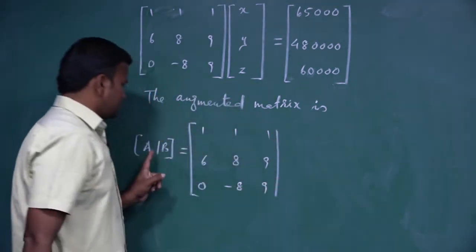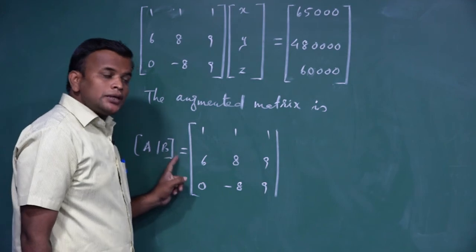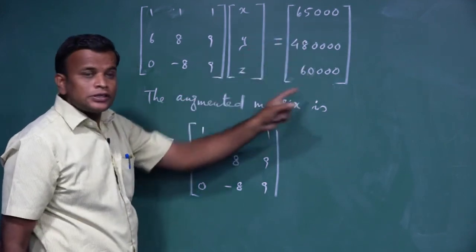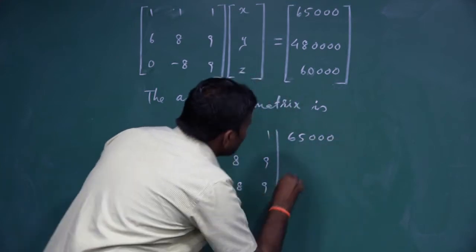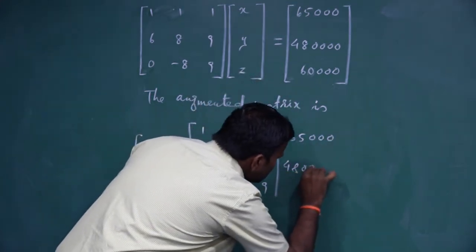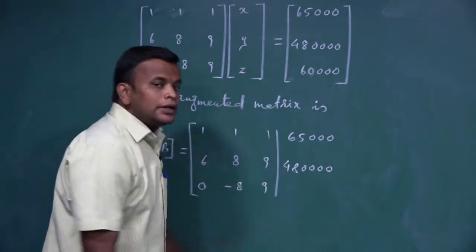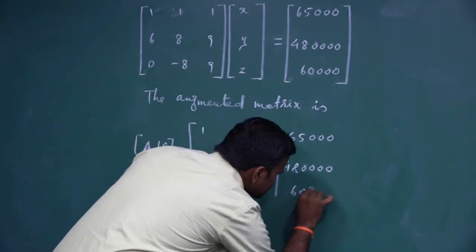Put one line. The next matrix is B. The value of B is the RHS: 65,000, 4,80,000, and the third one is 60,000.